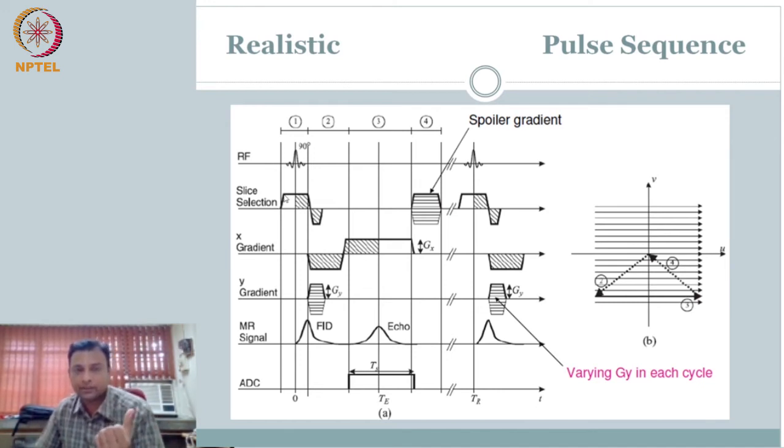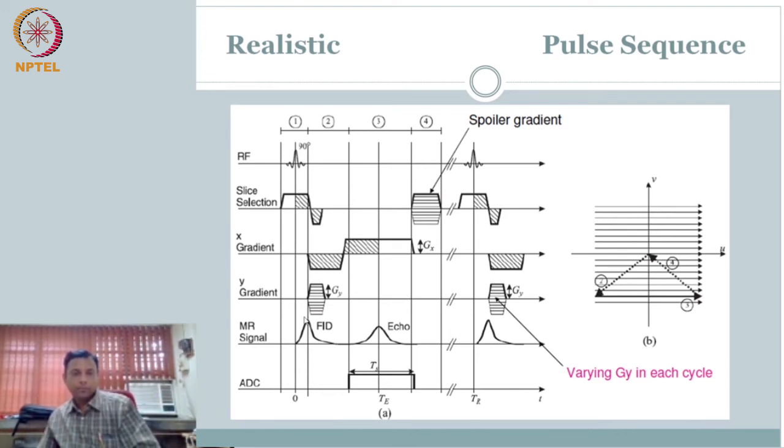So in the previous sequence that we showed, it was all ideal. That is, turn on means it goes from 0 to maximum instantaneously. Likewise, it drops from maximum to 0 instantaneously. Realistic means it now takes some time to go up and some time to come down. So all the rectangles became trapezoids. That is one form of realism that we have incorporated in the explanation of this diagram.